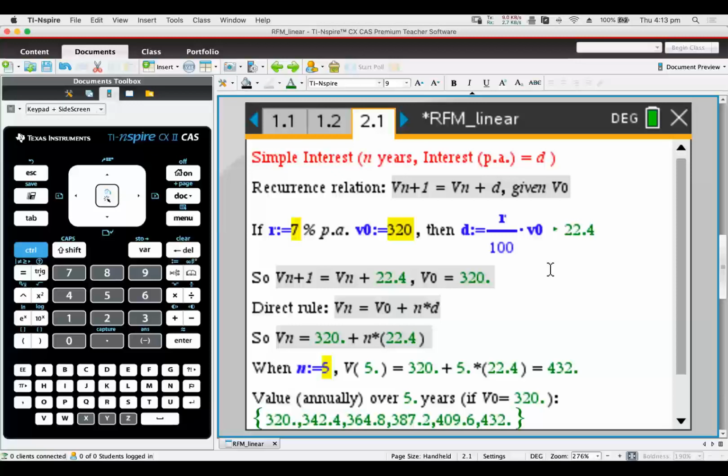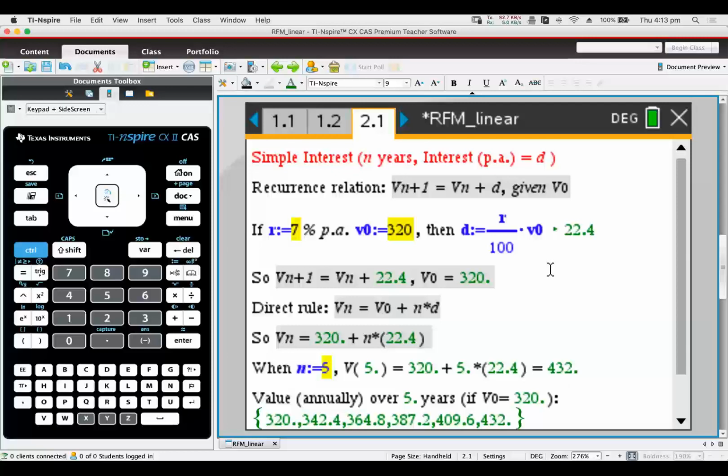Similarly, you may be quite interested in when your money gets to $1,000, or what happens after 5 years, or something like that. So in that case, you need the direct rule, and if you've done the work above in the recurrence rule, it's not too difficult to see how you would jump to a rule that says that the V of n is V of 0 plus n times D, in this case 320 plus n times $22.40.